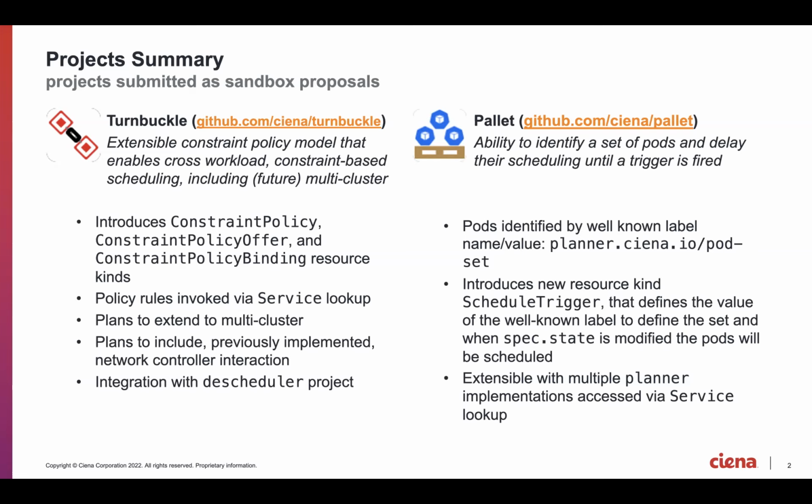Again, with Pallet, what it allows you to do is look at all the latencies in this example, look at all the latency between each node, and say, is there a plan that I can come up with which can place all the pods and have all the constraints met? I see. Versus if I did it one at a time, I may choose a node which then invalidates the placement of a pod later on. Okay. Got it. Great. Thanks.